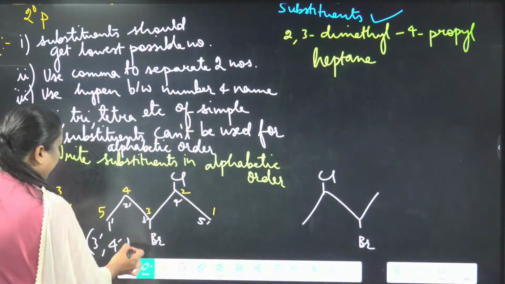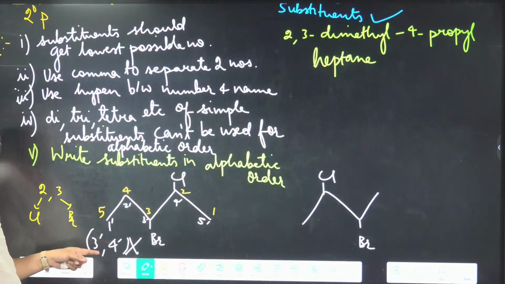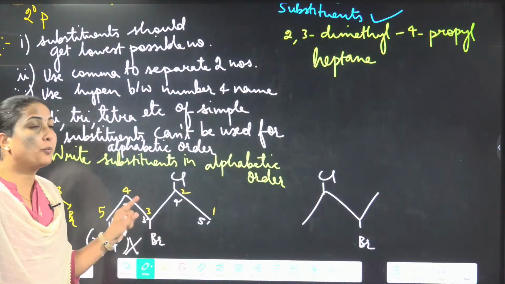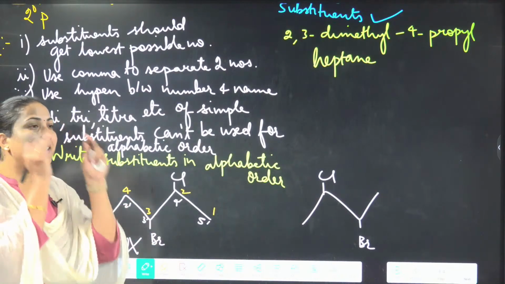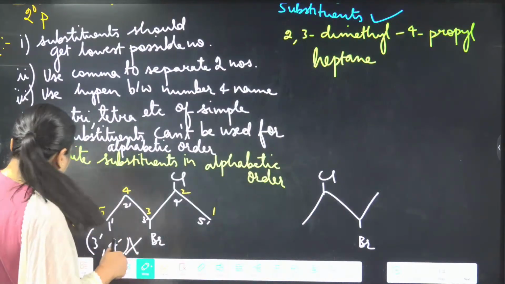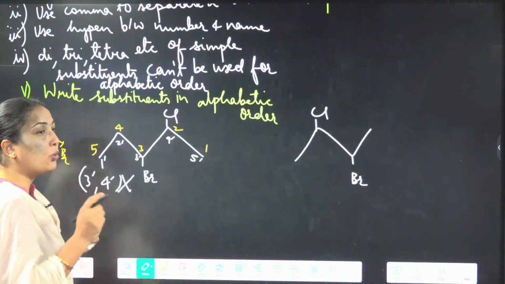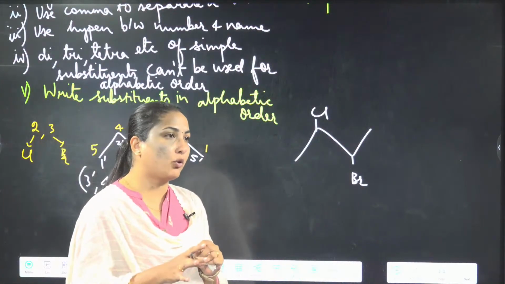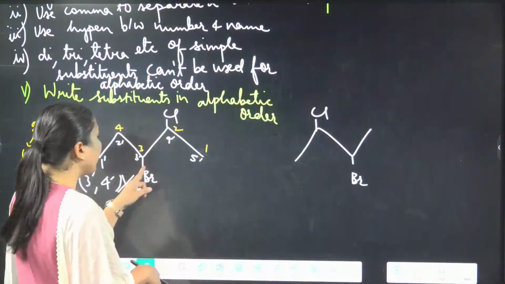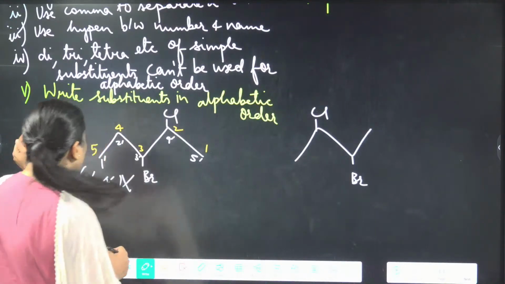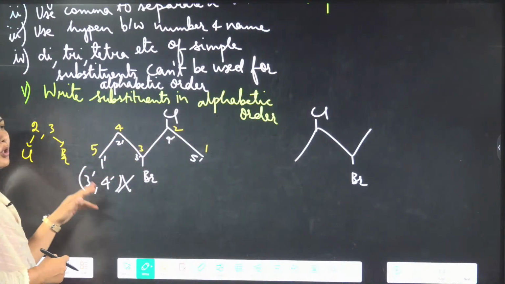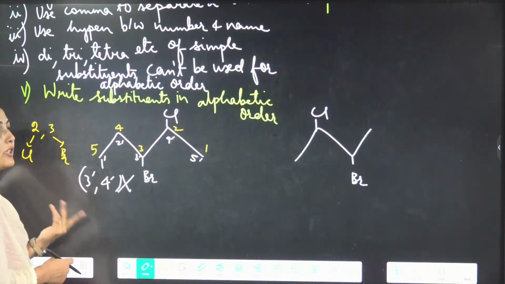Now, in this case, definitely, this is not the way we are going to go for, thinking that your bromine should be getting lower number. The entire set of locants should be low, right? You give the alphabetic order preference only when you are getting the same set of locants. Here you are not getting the same set of locants. From one direction you got 2 and 3, from the other direction you got 3 and 4. 3 and 4 is bigger one.